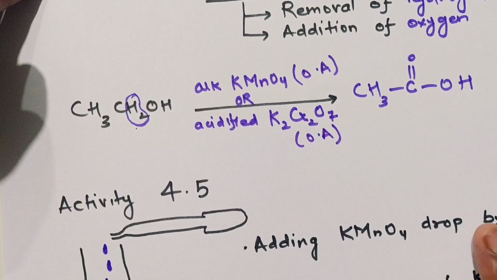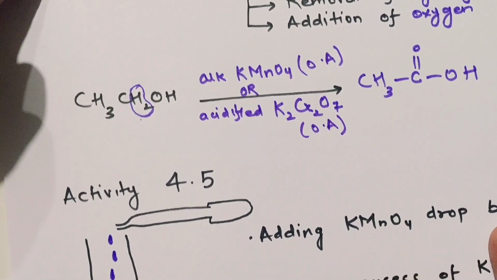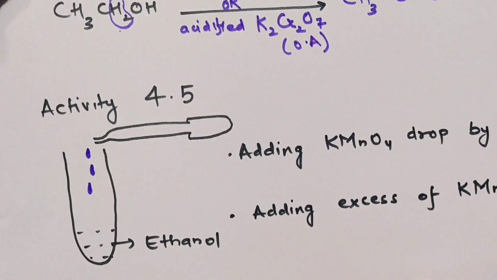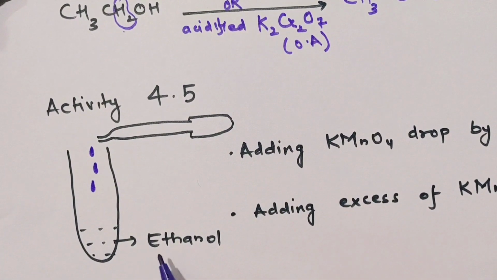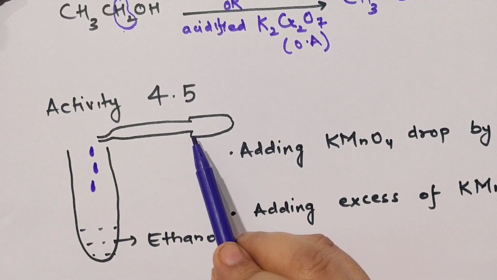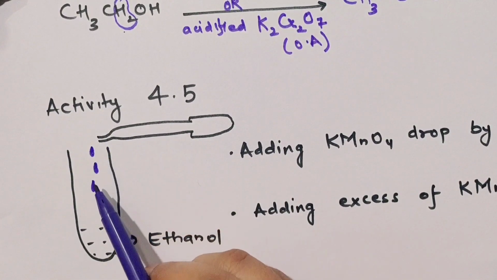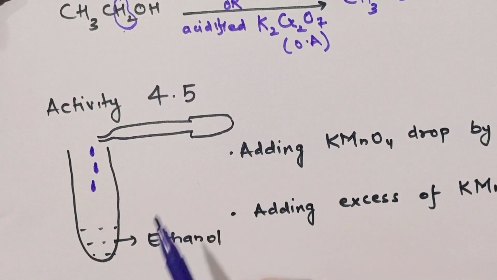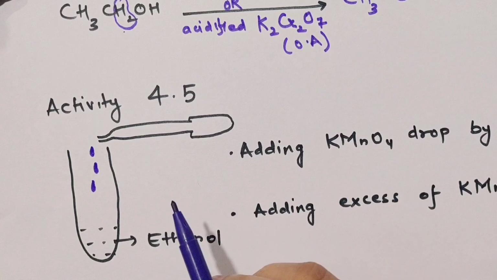Now, let's talk about activity 4.5. Activity 4.5 says that you have ethanol in one of the test tubes, and you are dropping KMnO4 drop by drop into it. KMnO4 is dark purple in color.